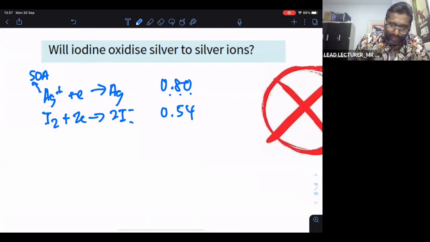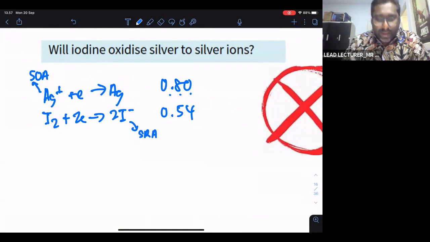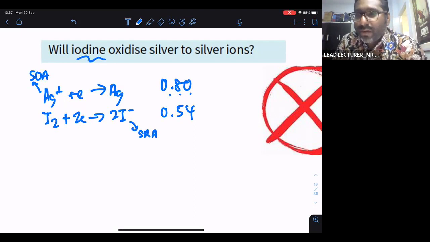And this is going to be your SRA, strong reducing agent. Ag plus can oxidize I minus, but can iodine oxidize silver to silver ions? The answer is no. They are not an SOA combination with SRA.